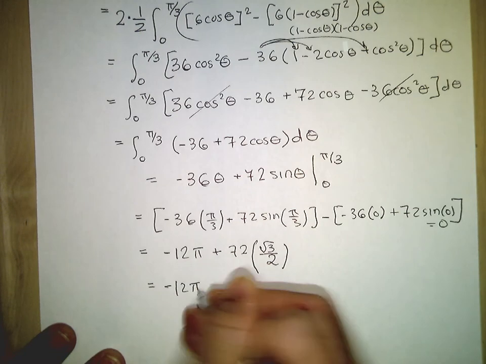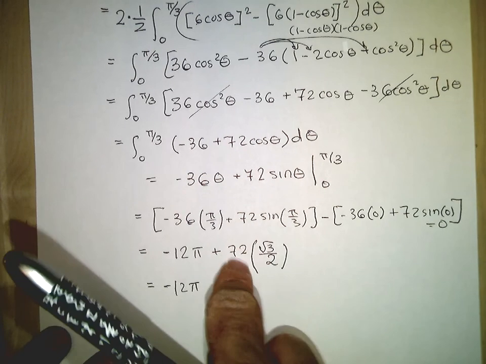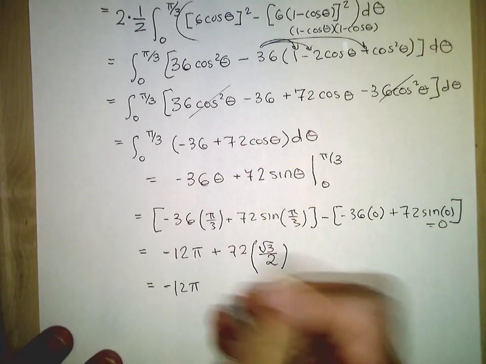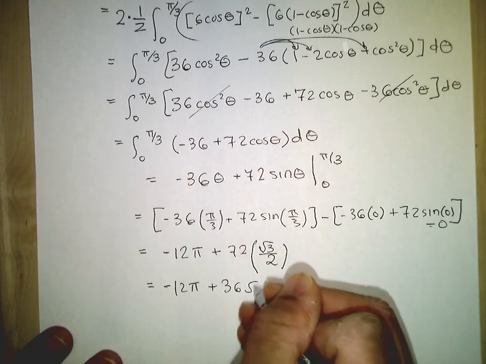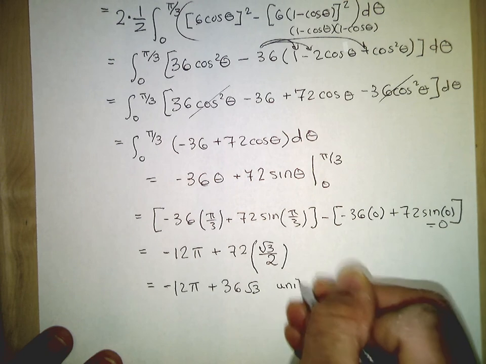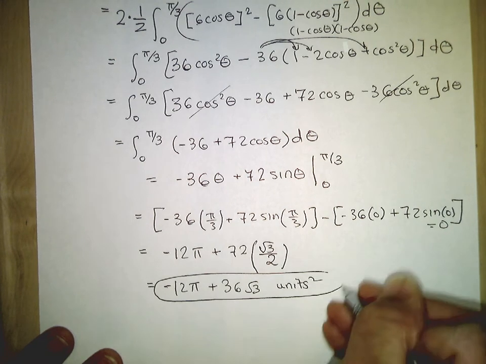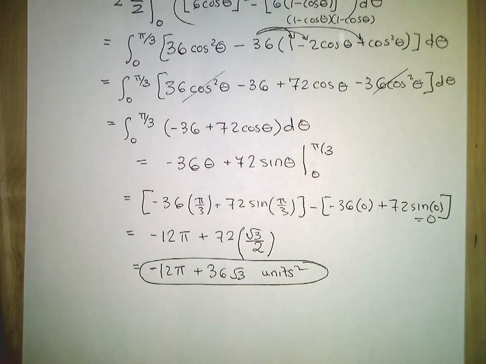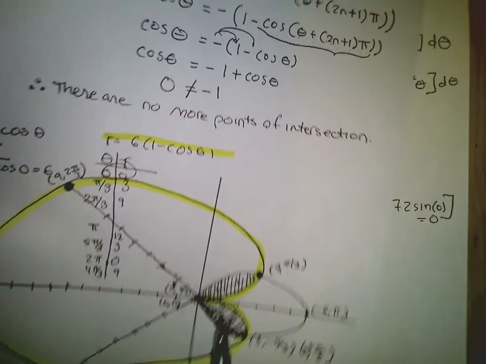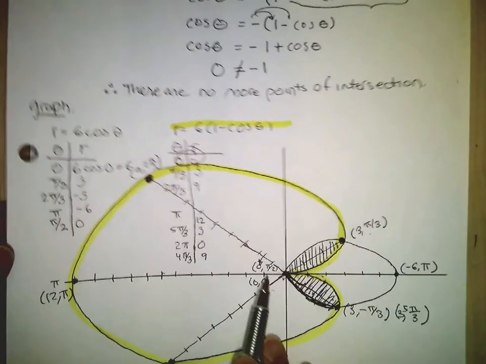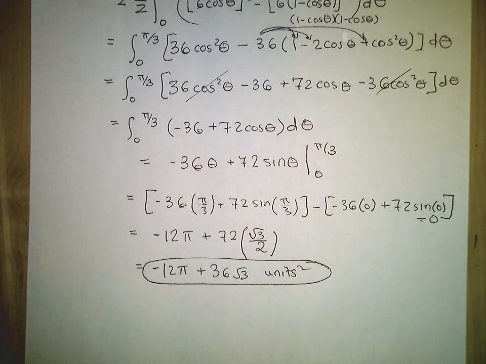Then we have 72 times square root of 3 over 2, which is just 36 square root of 3. So that is the area of those parts of intersection of the two curves. All right, so try to remember this for the rest of your life.